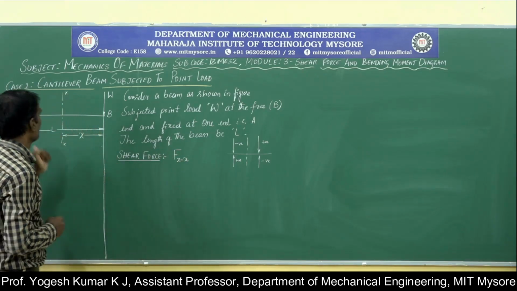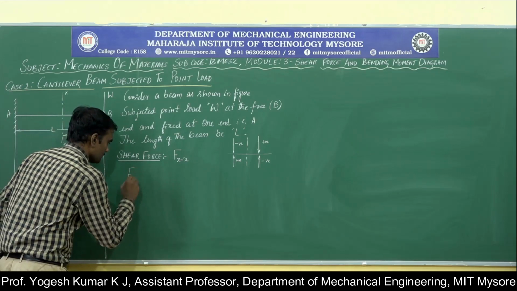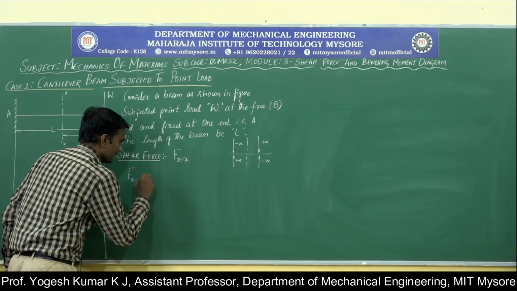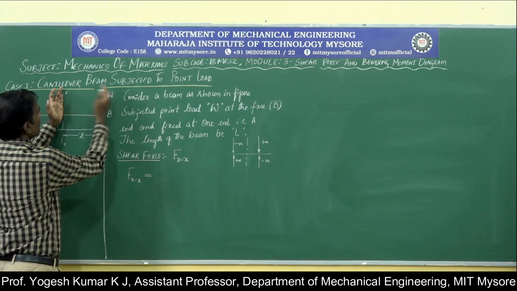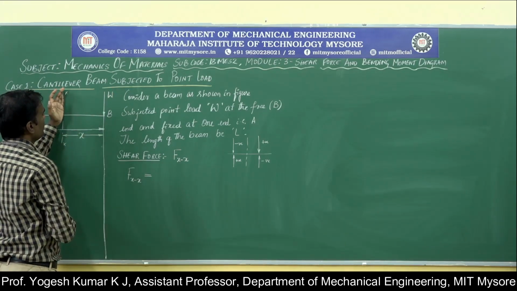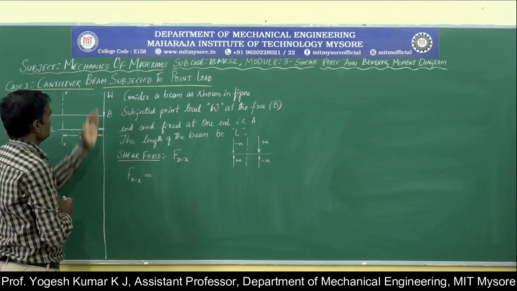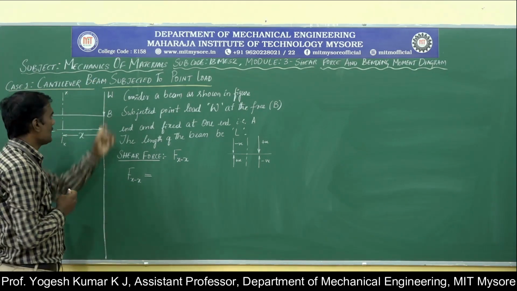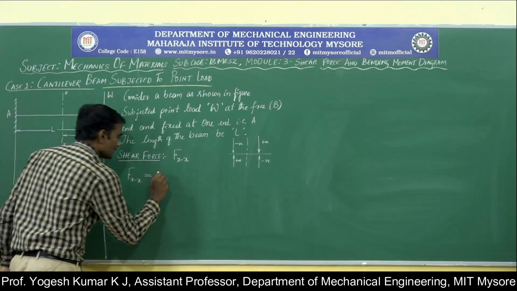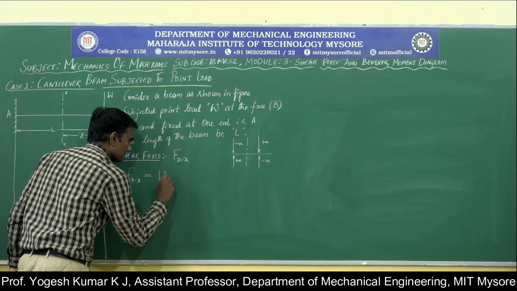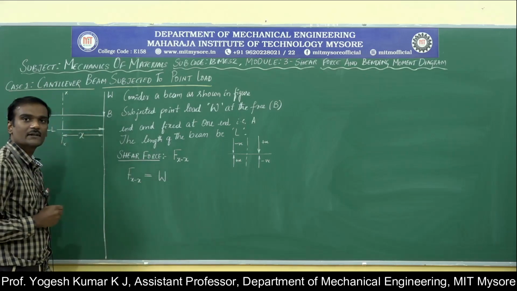Now, shear force at section XX equals... we have a section. To the right side of the section, observe, do we have a force acting downwards or upwards? We have a force acting downwards. And what is the magnitude of the load? W. Is it positive or negative?